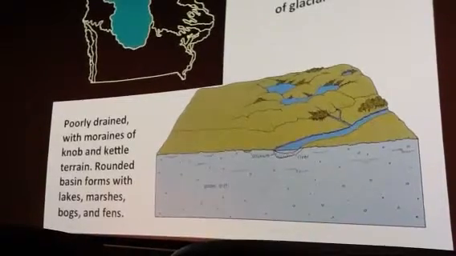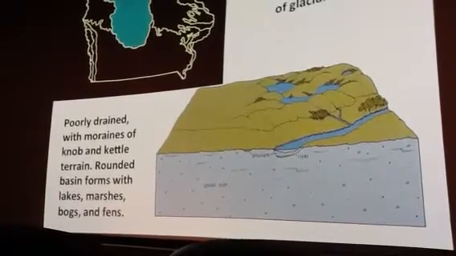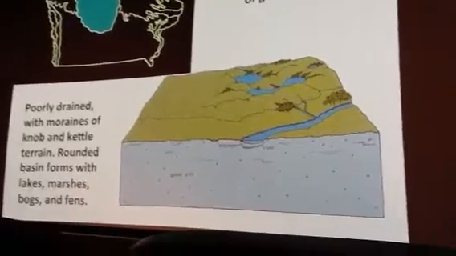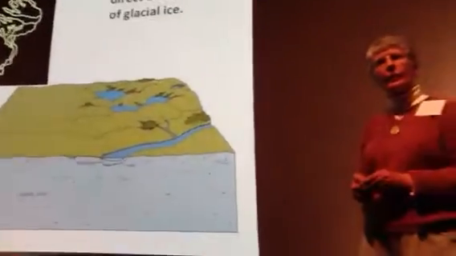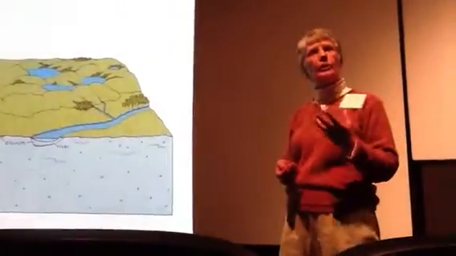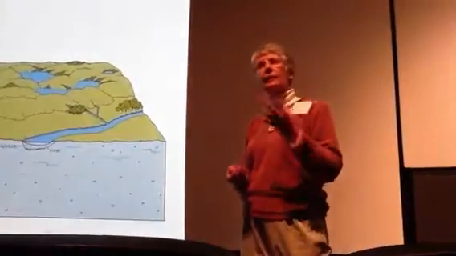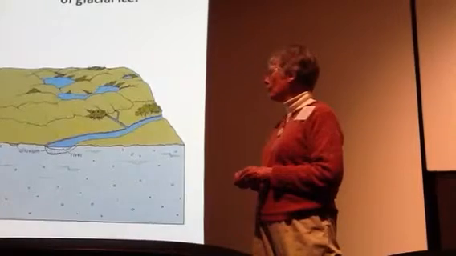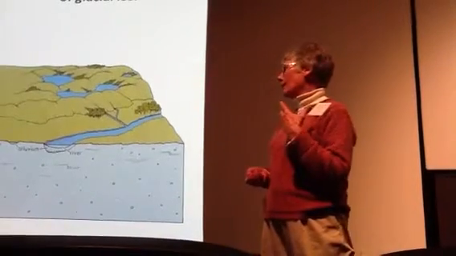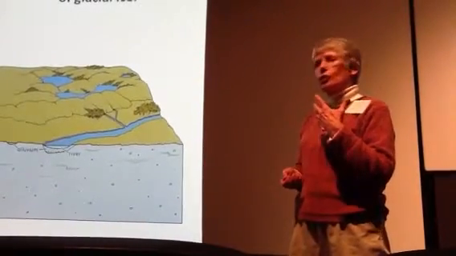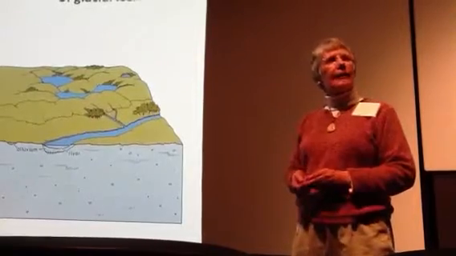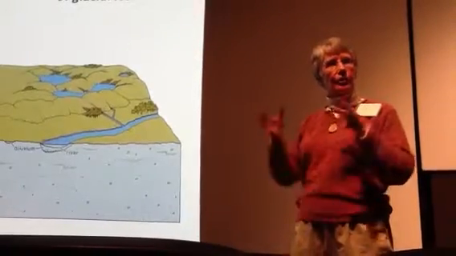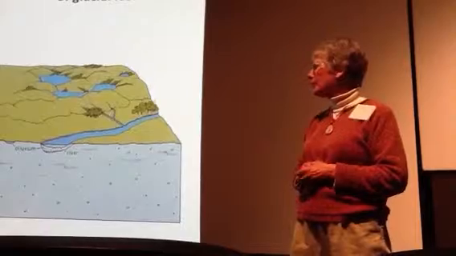And the effect of that has been to leave a landscape of very poor drainage. That's one of the main characteristics of the Des Moines Lobe: it's a poorly drained, youthful landscape because the ice has not been gone from the area for that long. Its drainage has simply not had time to get its act together. So it's a very poorly drained area.